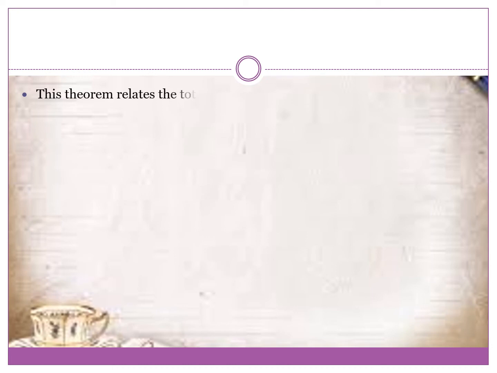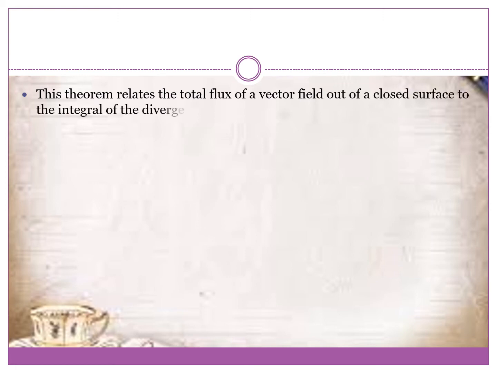This theorem relates the total flux of the vector field out of the closed surface to the integral of the divergence of the vector field over the enclosed volume V. Let's jump onto the statement again.